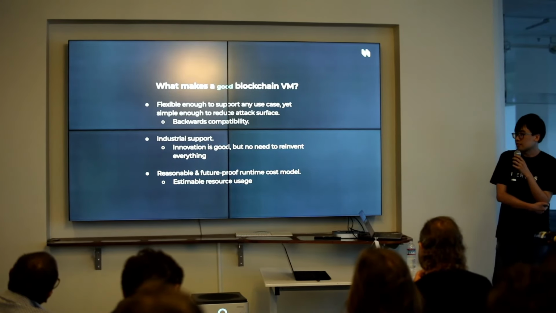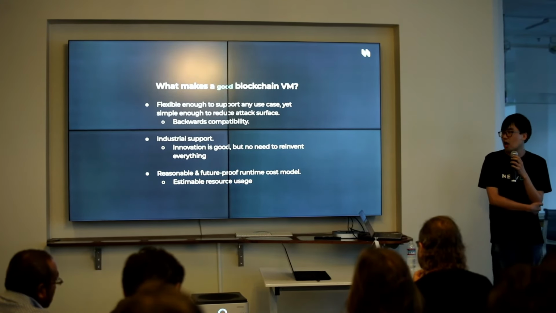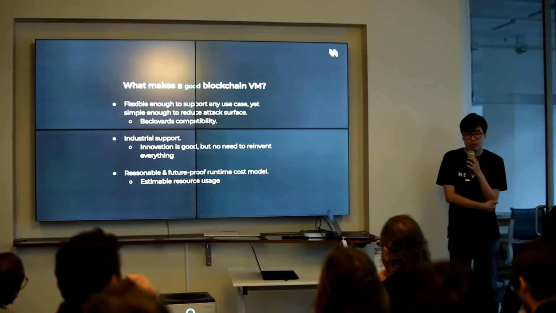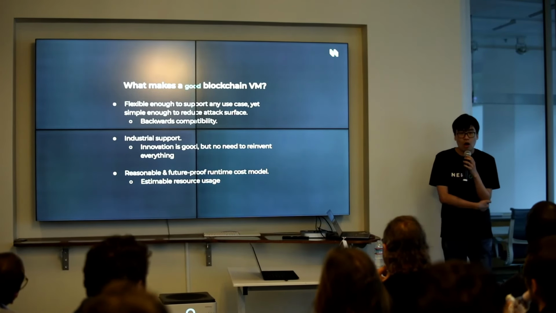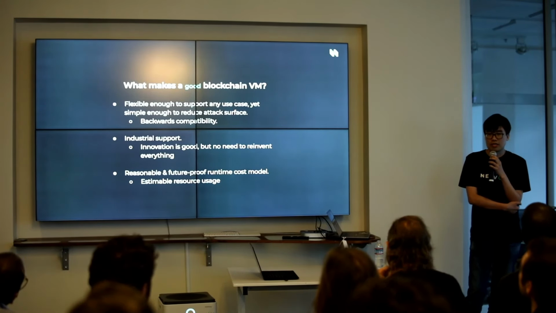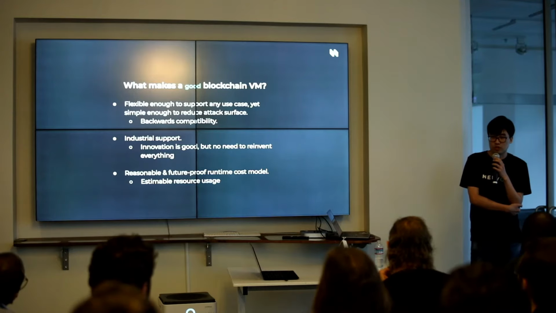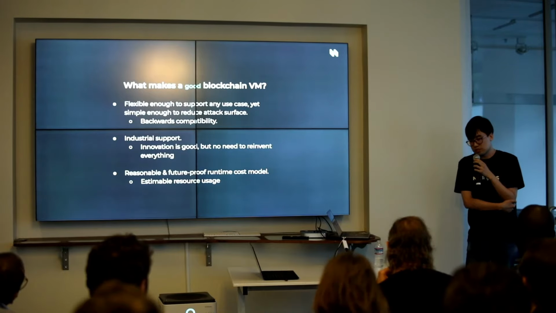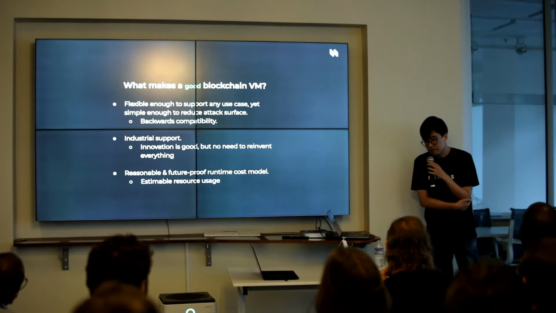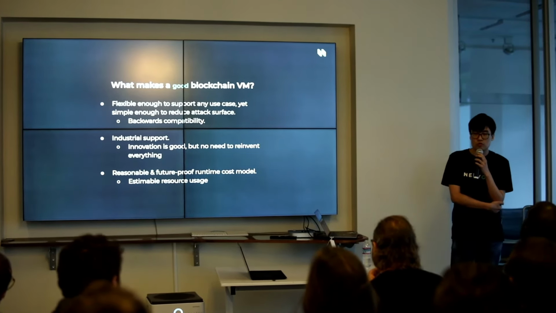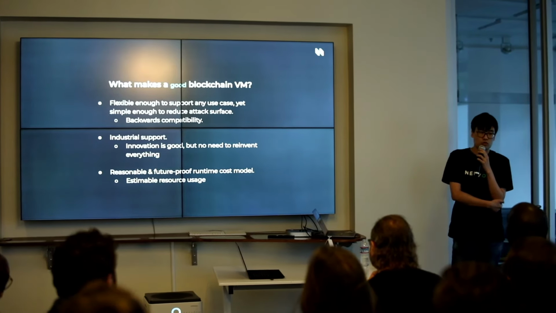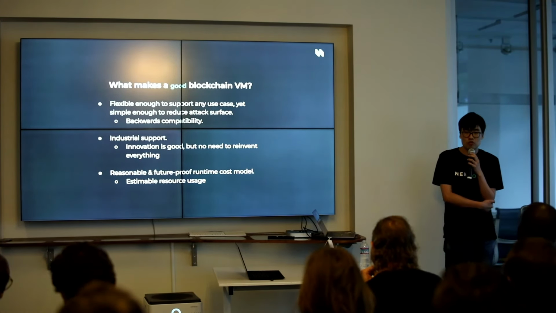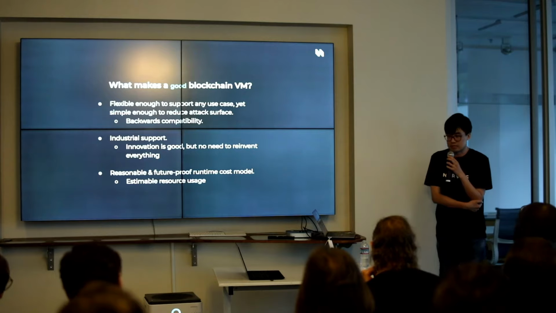The third part is that we should have a reasonable, future-proof runtime cost model. We have a smart contract running on a virtual machine. We must be sure that a smart contract is associated with a certain amount of cost. If the smart contract does more work, it should cost more. If the virtual machine does less work, it should cost less.